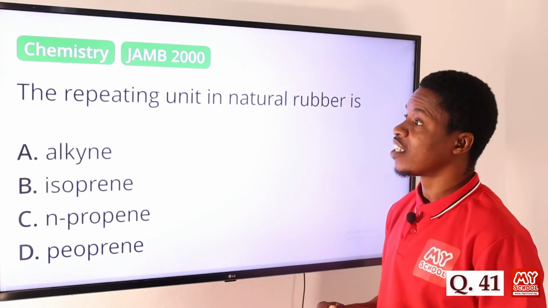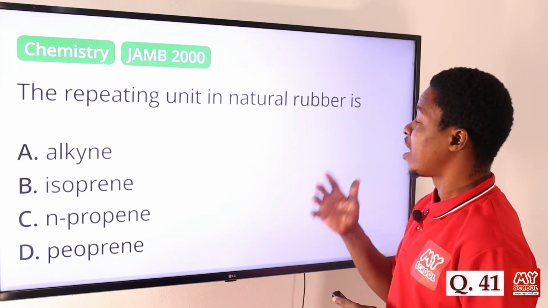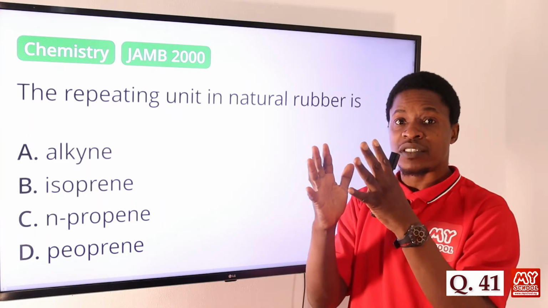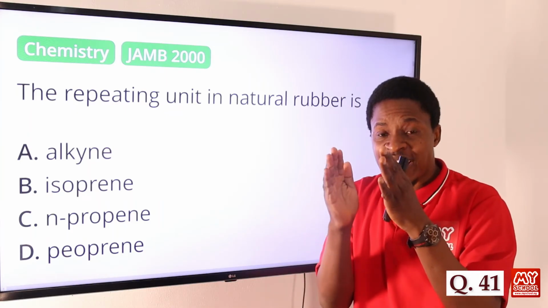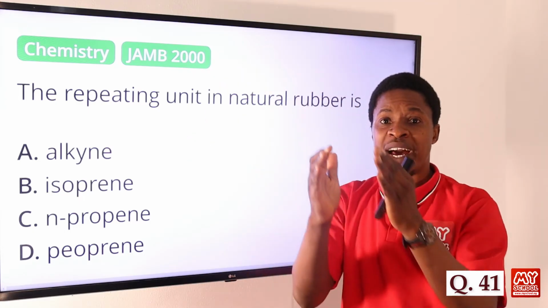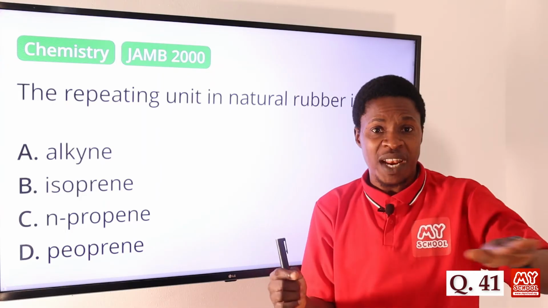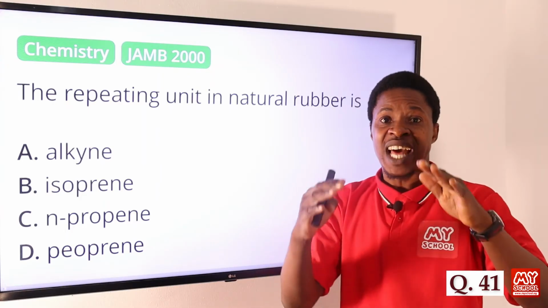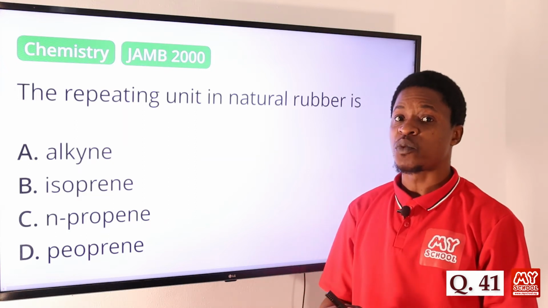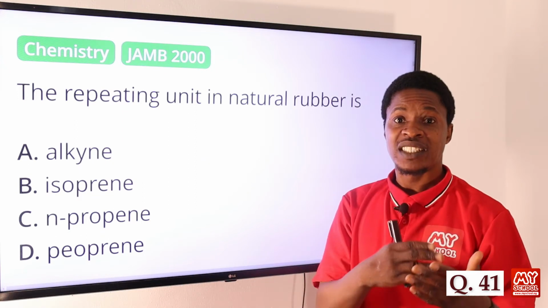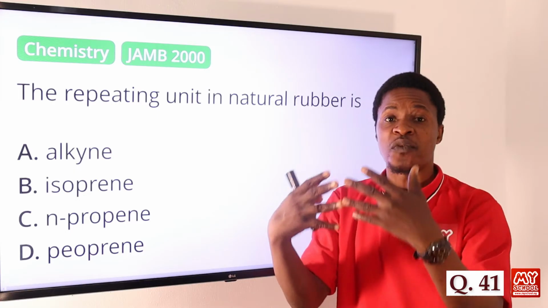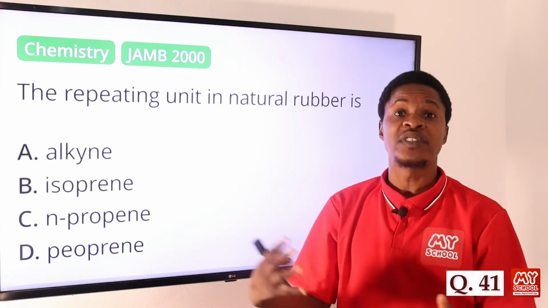Question number 41. The repeating unit in natural rubber is, when we say repeating unit, what compounds, okay, smaller units or smaller compounds that combine together to form a larger one. In other words, we say monomers that combine together. Monomer is just the simplest unit that combines to form a larger one, what we call a polymer, okay. For instance, we have glucose, several glucose, okay, smaller units that combine together in chains to form cellulose or to form starch, okay.